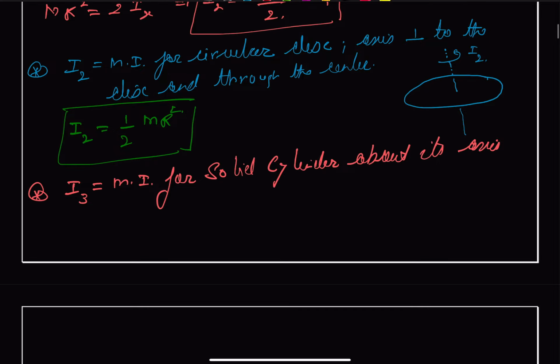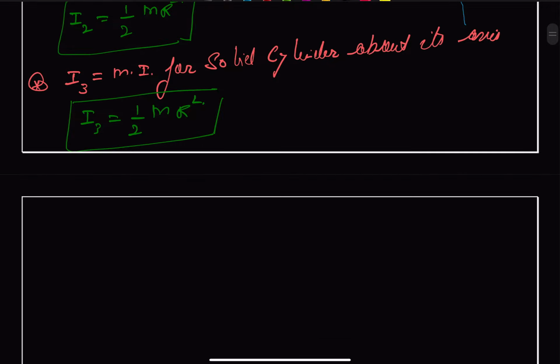And that is also our standard formula. So we can write that our I3 will be equal to 1 by 2 mr square. And then we come to our I4, and I4 is a solid sphere about its diameter.